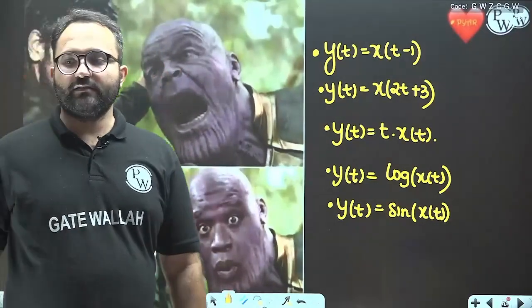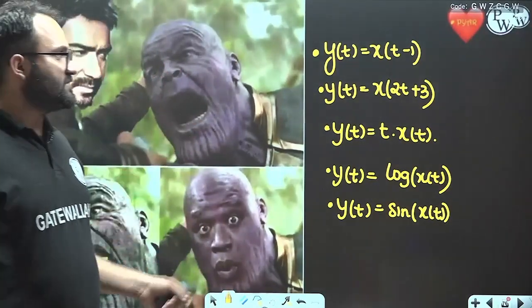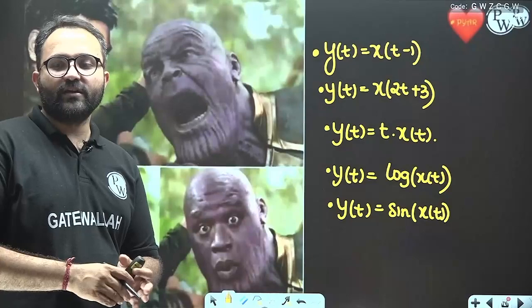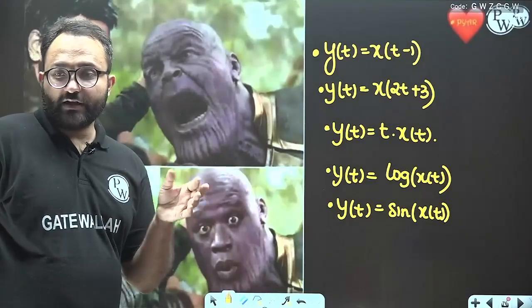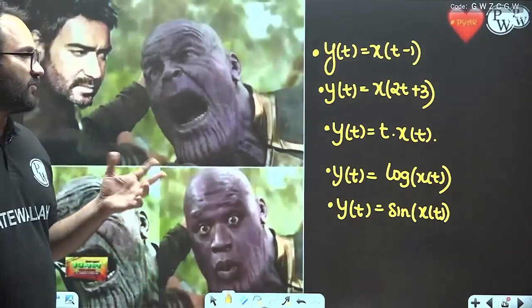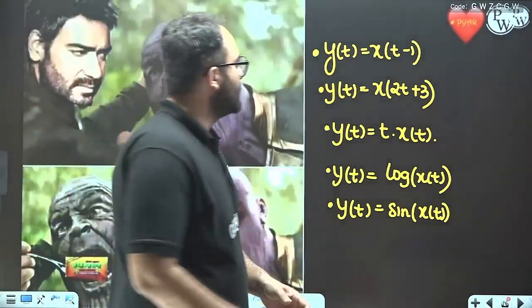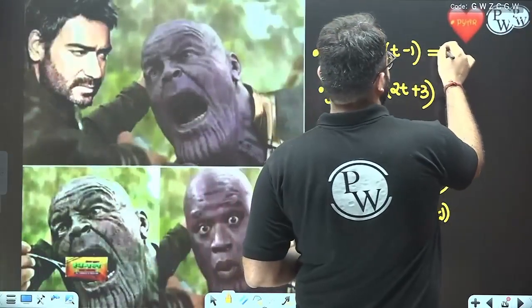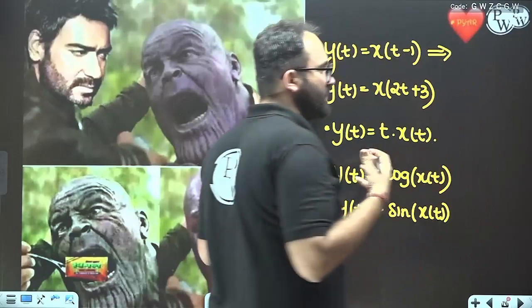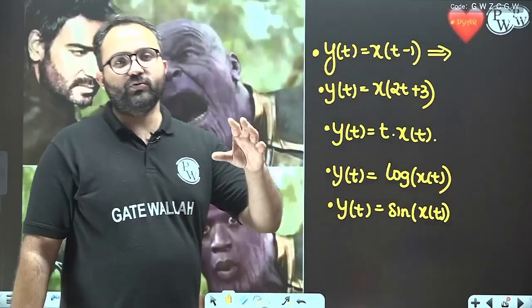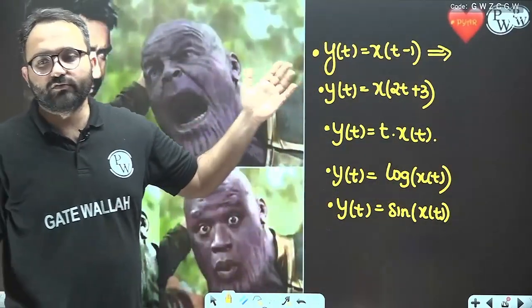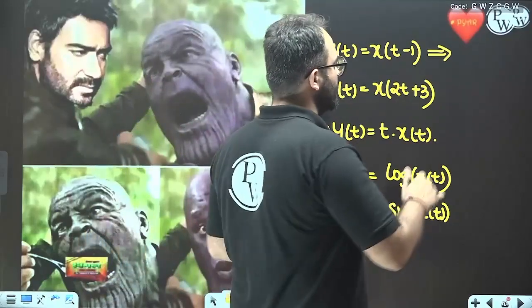So let's solve these. In the first example we are only shifting the input. If the input is of finite amplitude and we are just shifting it, the result will also be bounded. So the output will also have finite amplitude always.